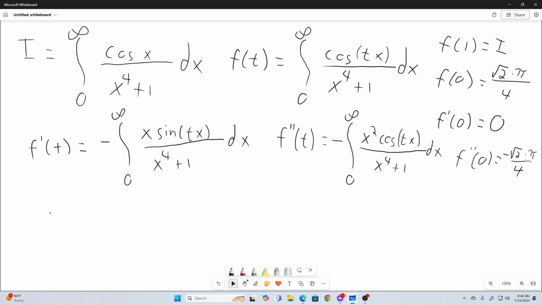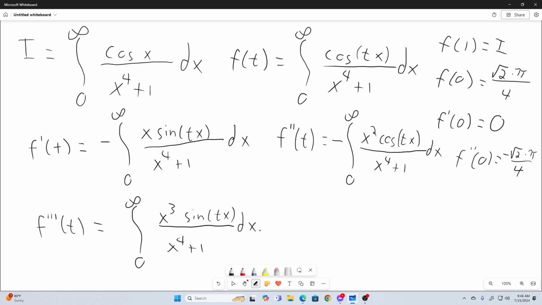Now we need to take yet another derivative. F triple prime of t is equal to, let's see, taking the derivative of our cosine would recover a negative sign, so we're going to have positive integral 0 to infinity of x cubed sine tx over x to the 4th plus 1 dx.